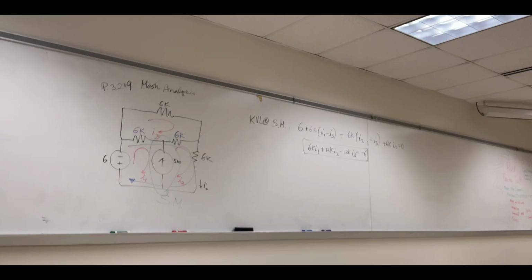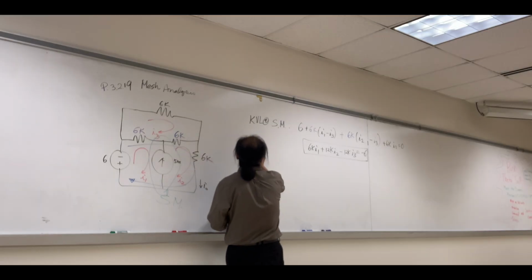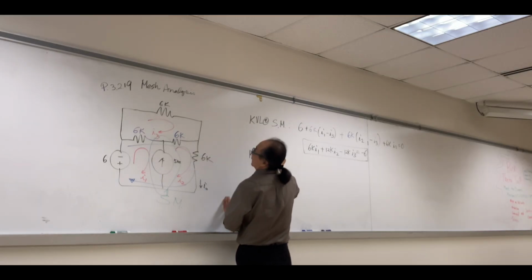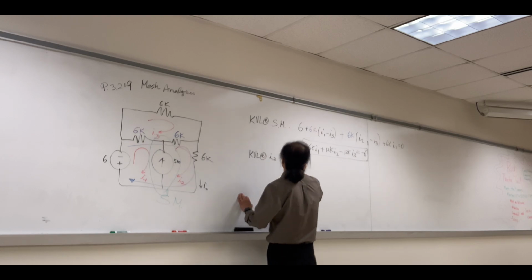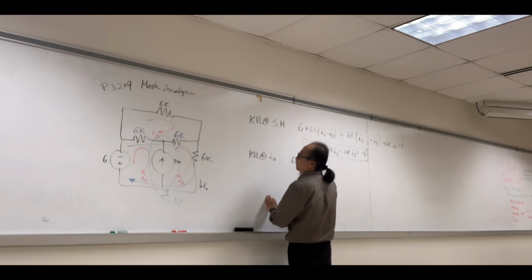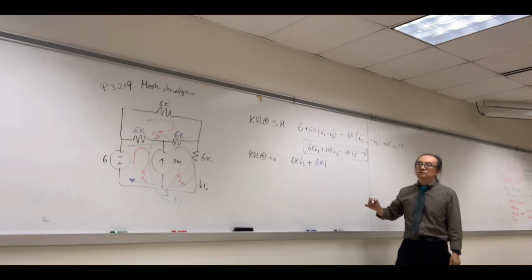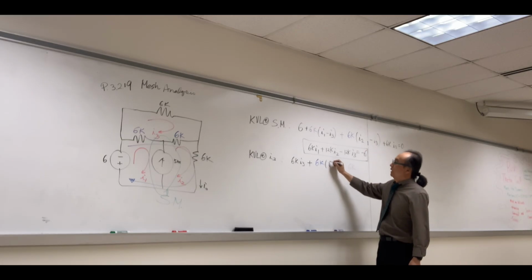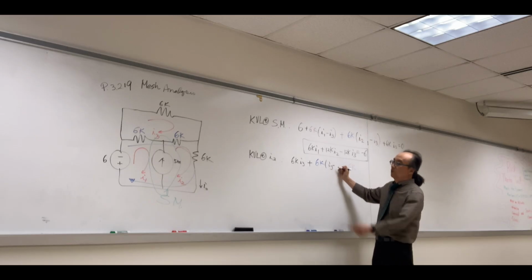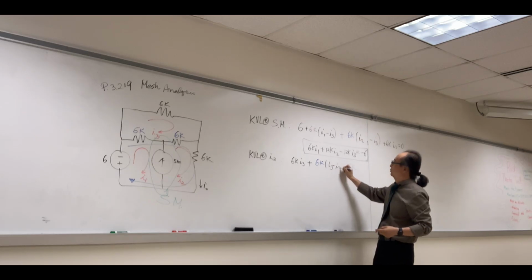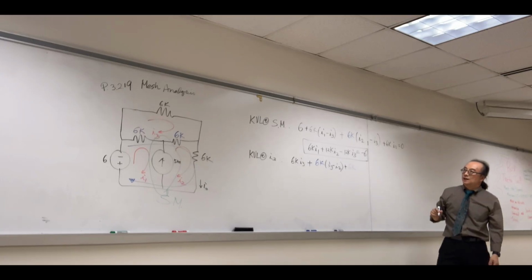We have I sub 1, I sub 2, I sub 3, so we should have 3 equations. Now when we do KVL at I sub 3, we have top 6K times I sub 3 plus blue 6K. Now our reference current is I sub 3, so I sub 3 minus, for blue, the opposite direction is I sub 2, plus purple 6K.